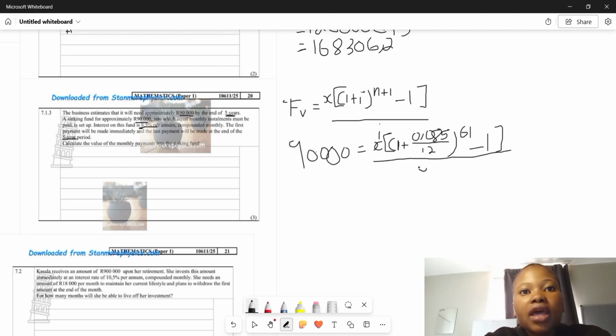So after we solve for everything we get the x value, which is your monthly premium, which is going to be 1,184.68 rand.